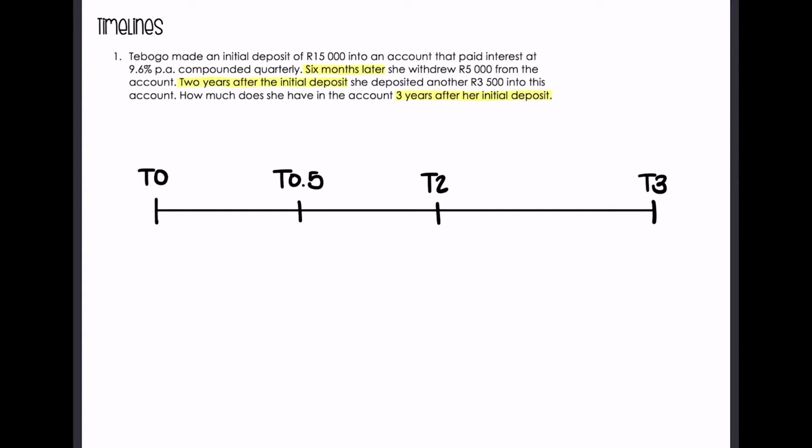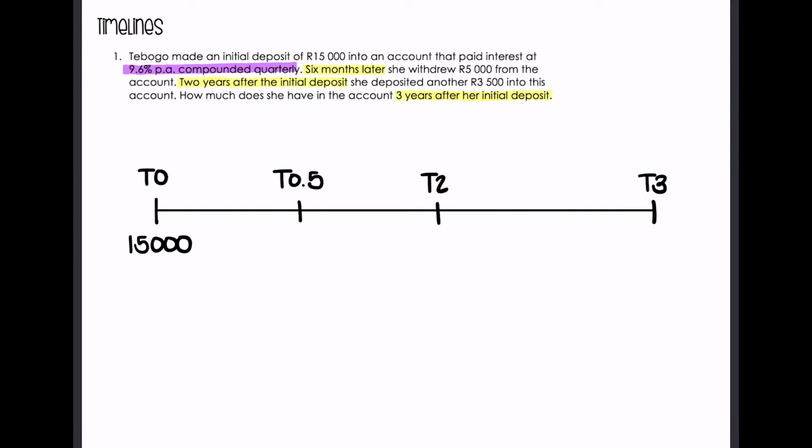All right, now if we're going to fill this in, 15,000 Rand was deposited, so I put my 15,000 Rand at term 0, at an interest rate of 9.6% per annum compounded quarterly. I'm going to do the interest in a minute, but we can see that the interest doesn't change. What does change is the amount invested or withdrawn.